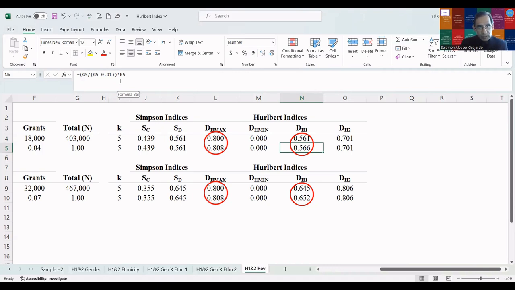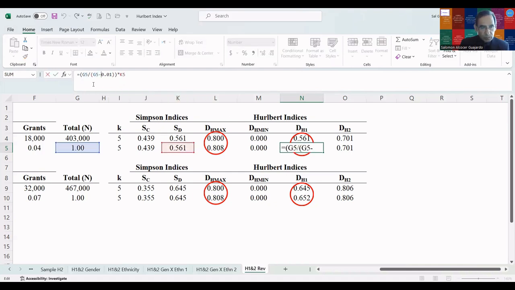When I use the percentages, again, that's going to be 1 divided by 1 minus 0.01 times the diversity score of 0.561.